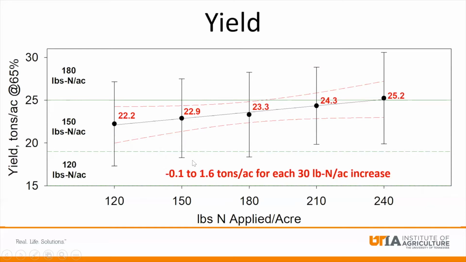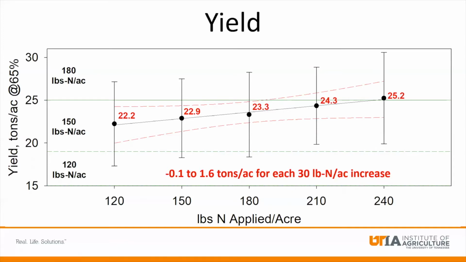The way we're evaluating whether or not there is a significant yield response is we have fit this average, and obviously there's a lot of variability. These lines drawn from the circle up and down represent the variability. We fit these points with a line, and we have evaluated whether or not the slope of that line is different than 0.